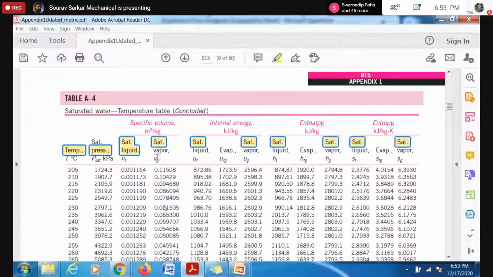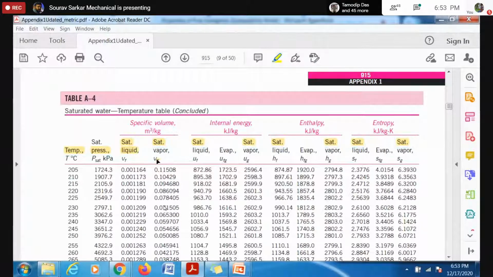Saturated vapor, this is vg, specific volume of the saturated vapor. Here they have written the saturated liquid uf. uf is the specific internal energy. The saturated vapor ug is basically the specific internal energy of the saturated vapor.